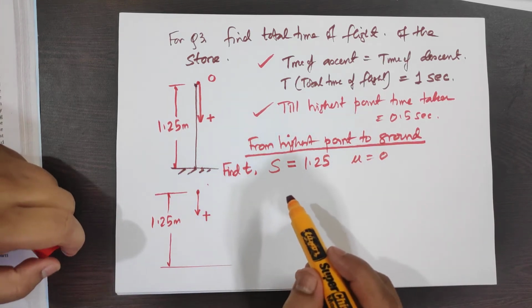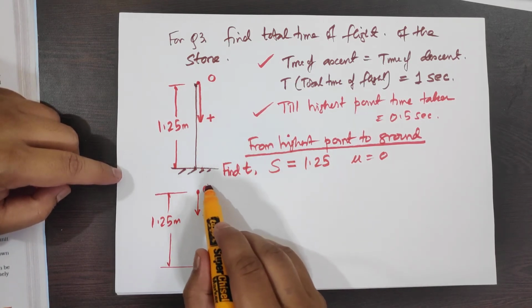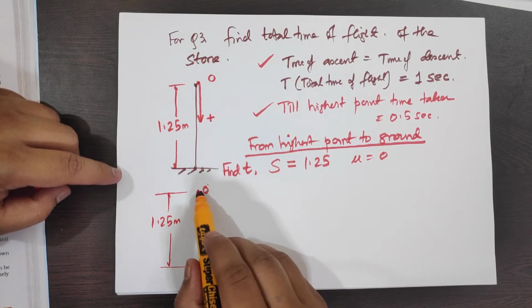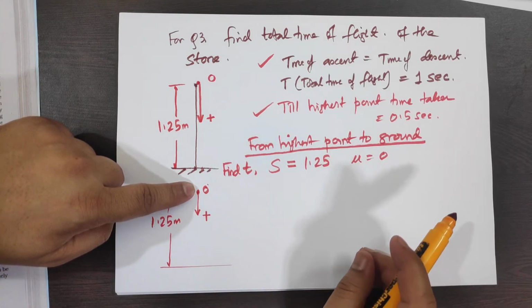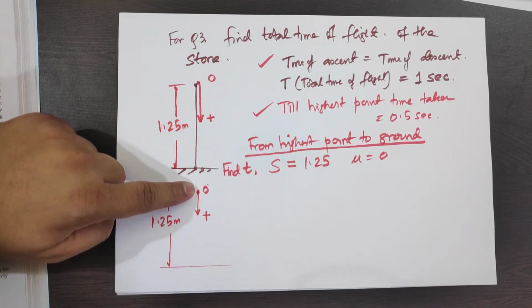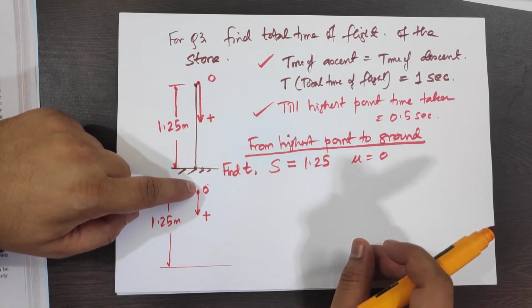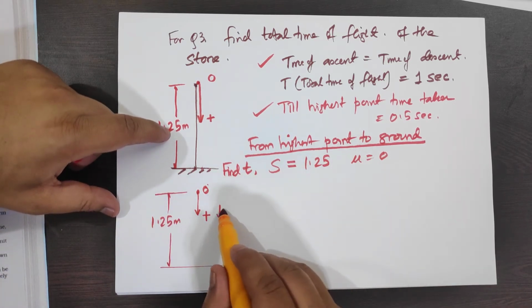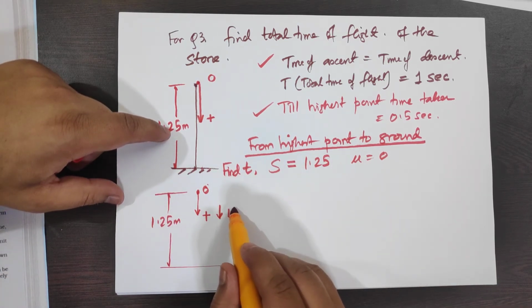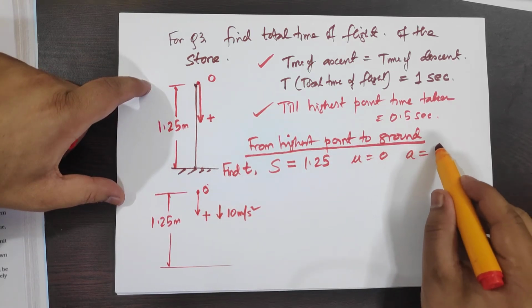Remember, that is a new problem, we are framing a new problem here. It's just dropped, right? The moment it reaches the topmost point, it comes to rest. So you can consider it starts from rest, dropped means its velocity is 0, and the acceleration is 10 downward.